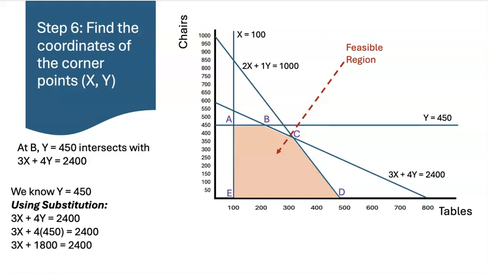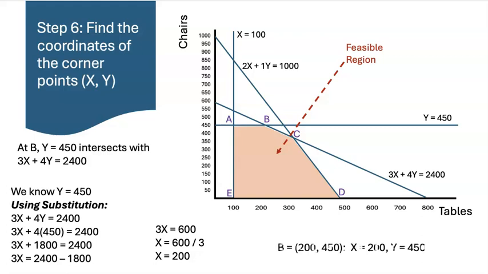So 3x plus 1800 equals 2400. Subtract 1800 from both sides, and we get 3x equals 600. Then divide both sides by 3, and we get x equals 200. So for B, the coordinates are x equals 200, y equals 450.